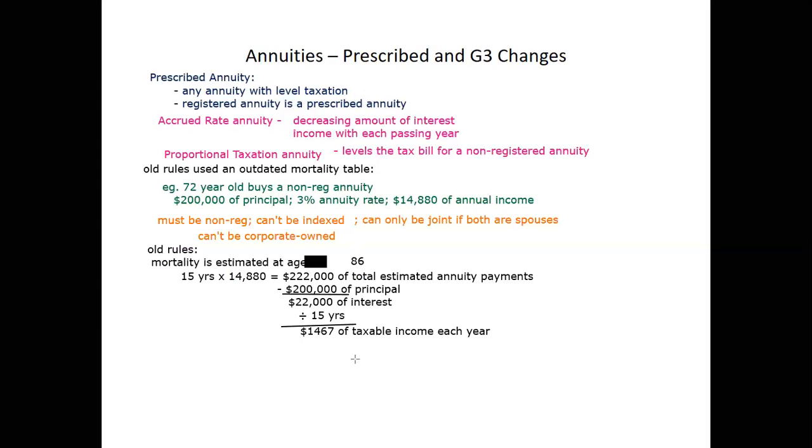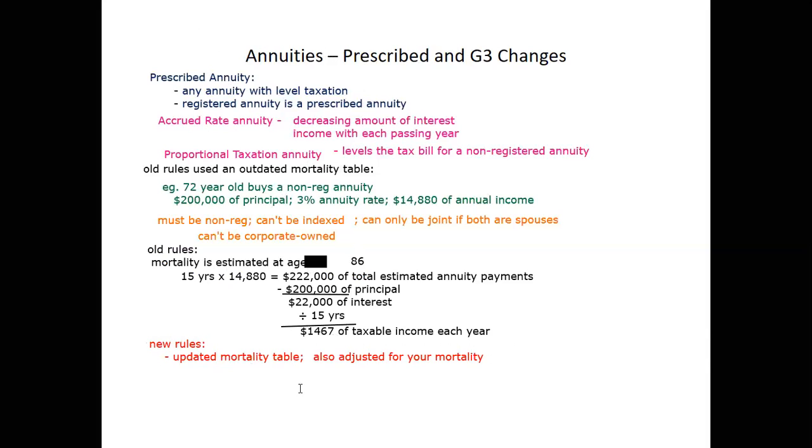Now, with the new rules, nothing really changes except we use a more updated mortality table. Under the new rules, the updated mortality table is adjusted for your particular mortality, sort of like we saw in CPI earlier, adjusted to your particular health.